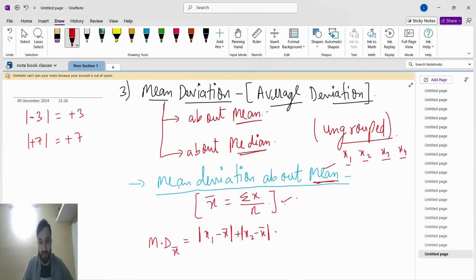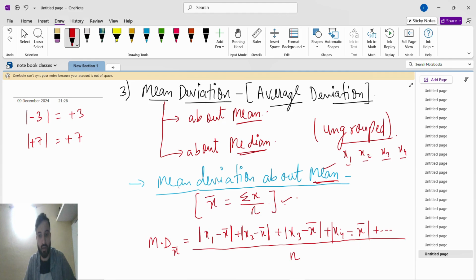Then the second observation minus mean, plus the third observation minus mean, plus the fourth observation minus mean, plus and so on, divided by small n, which is the total number of observations. If the third observation minus mean gives a negative value, you write down the positive value. You just do observation minus mean, observation minus mean, observation minus mean. This is the formula we use for the calculation.